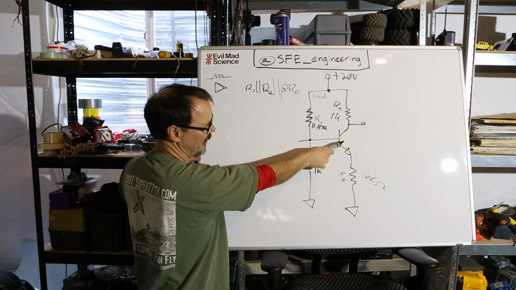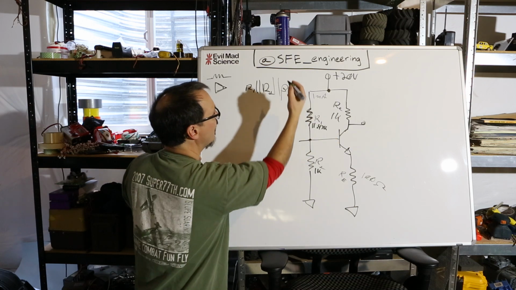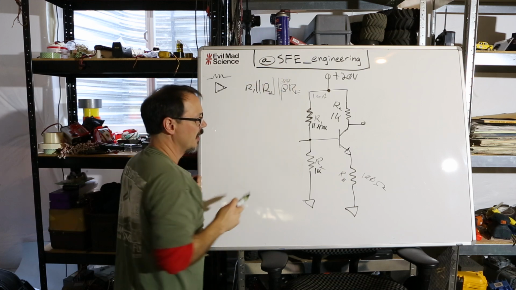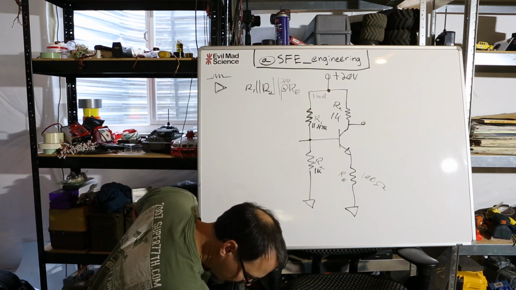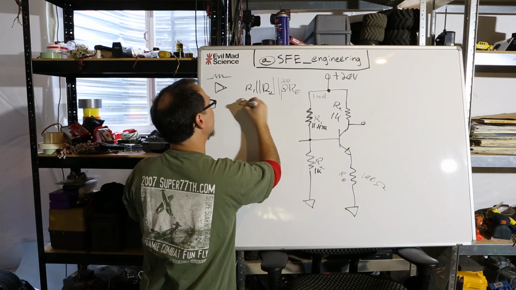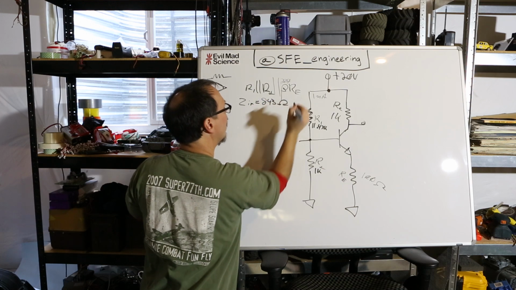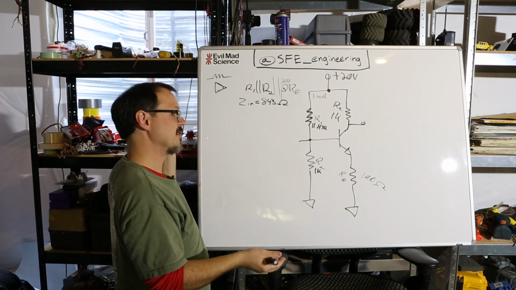The beta for this thing at a 10 milliamp current is about 200, which makes that a really big value. So what that comes out to be, as I calculated it earlier, is 843 ohms, Zin equals 843 ohms. Now that's not great, but that's what it is, so I'm gonna work with it.